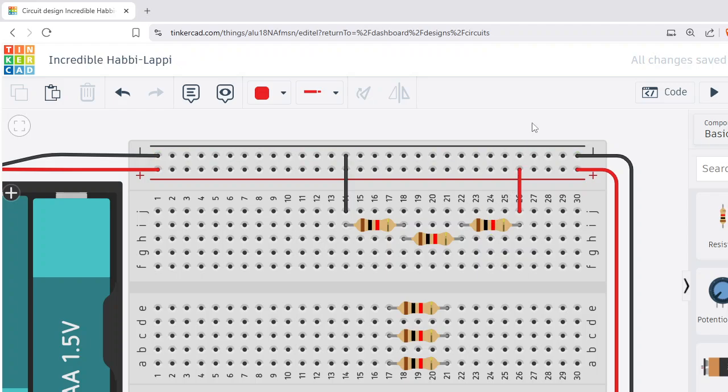So what did we talk about voltage? What happens to voltage when you have this in series? Voltage is divided.